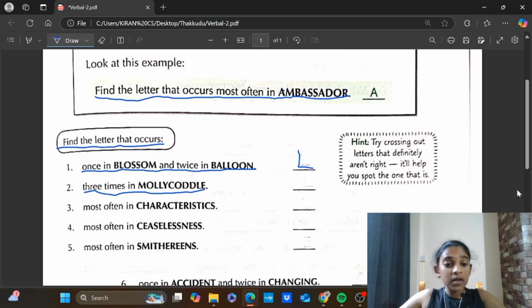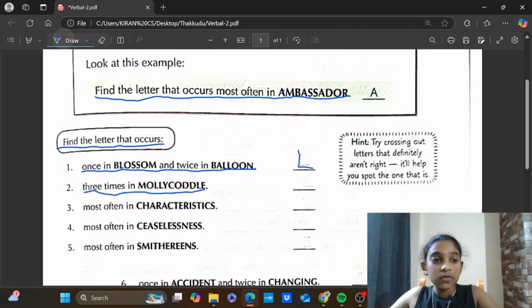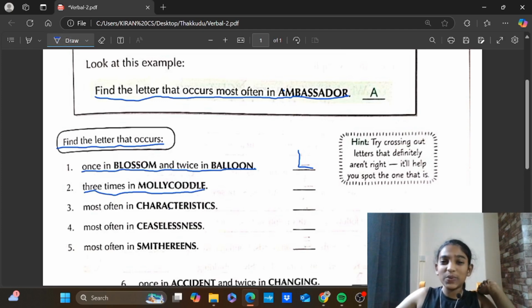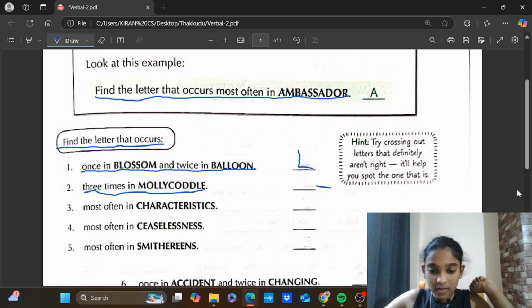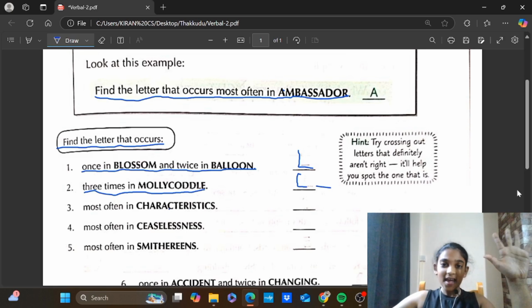It doesn't come 3 times, but it comes twice. But we need 3 times. L. Oh, there's twice in here. Oh, there's another L. So it comes 3 times. So for question number 2, the answer is L. Okay? So let's move on to the next question.